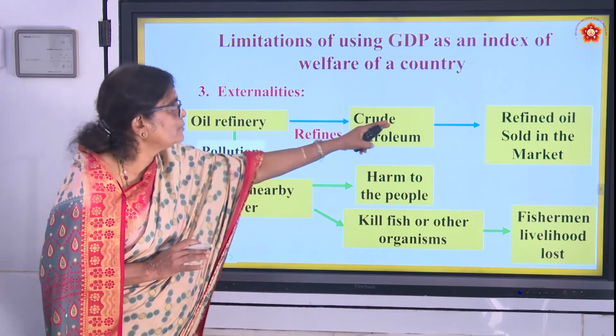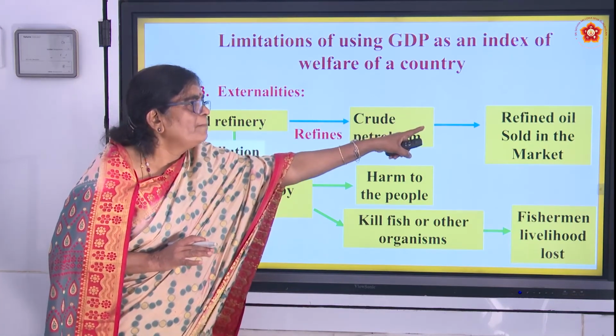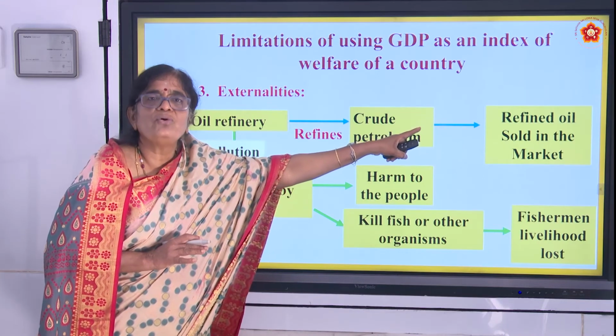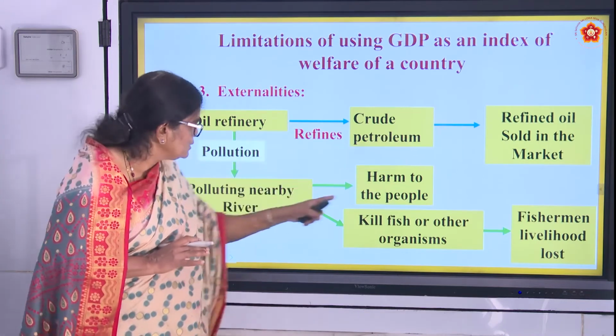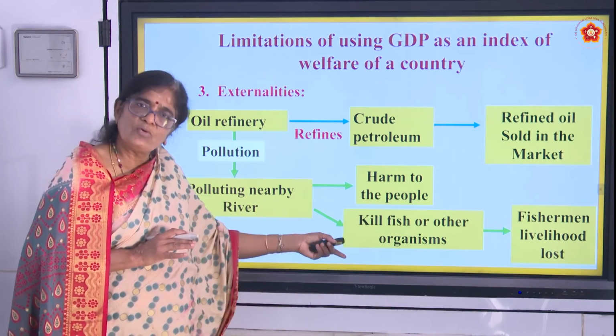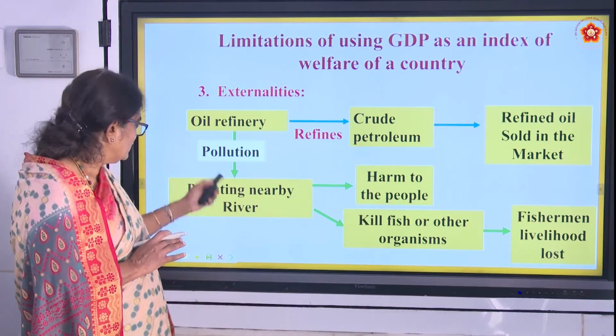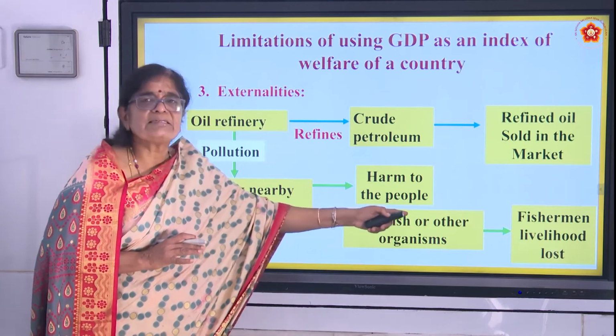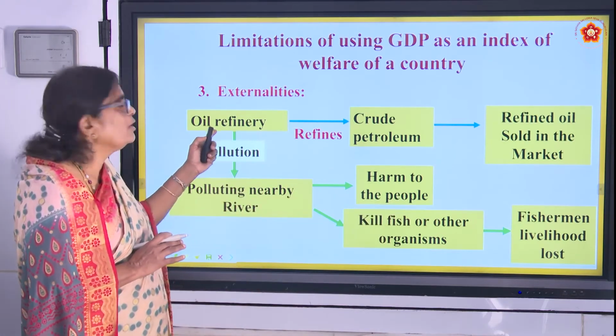The GDP is estimated only based on how much oil was sold in the market. This negative damage was never considered or paid for. There is no market for that. Therefore, this is called negative externality caused by the oil refinery.